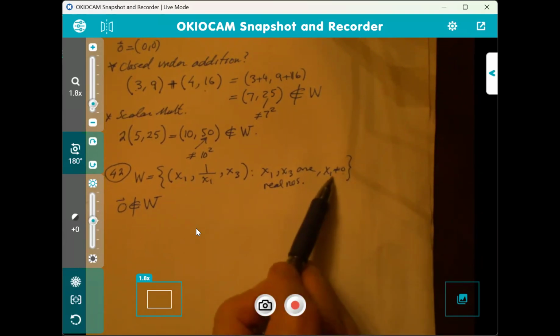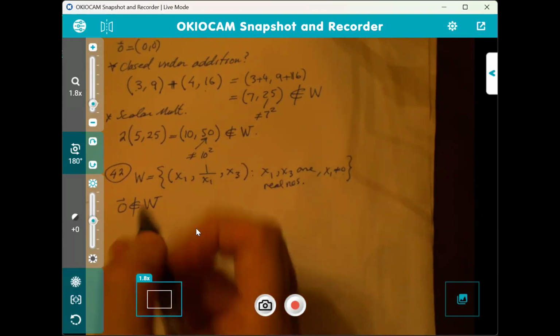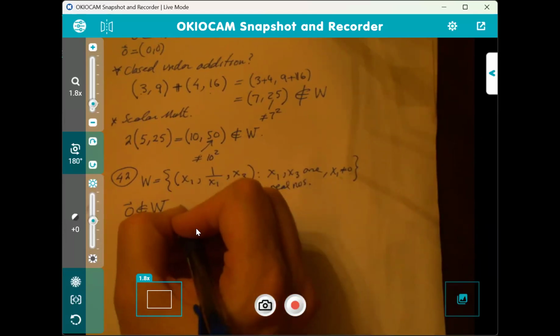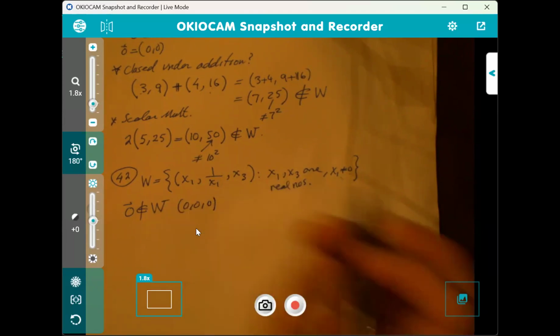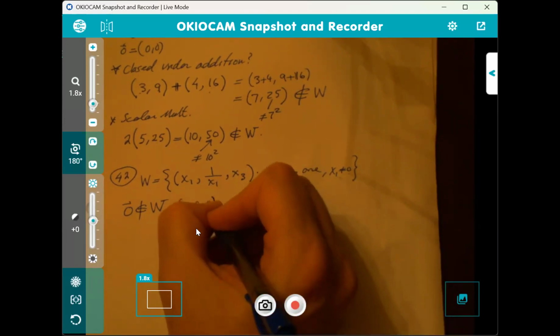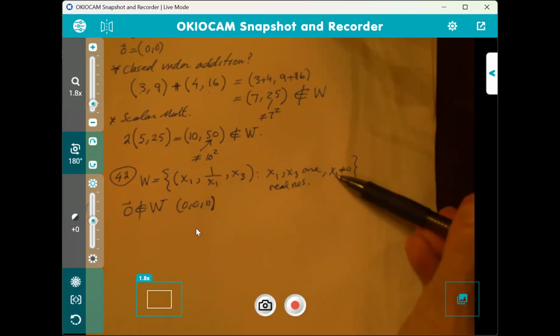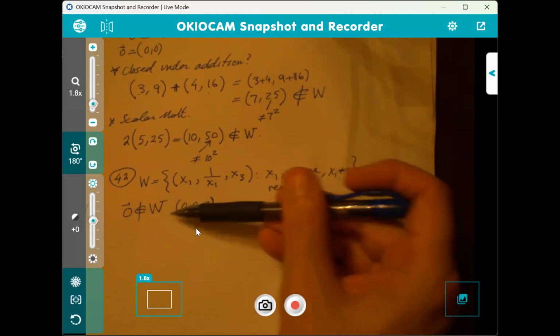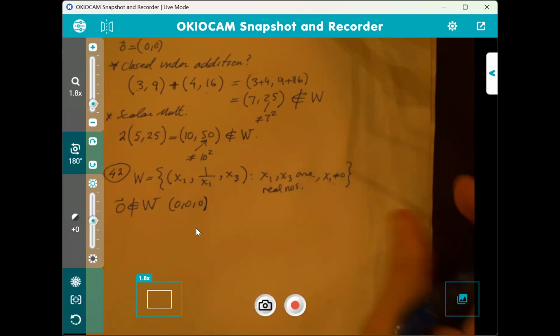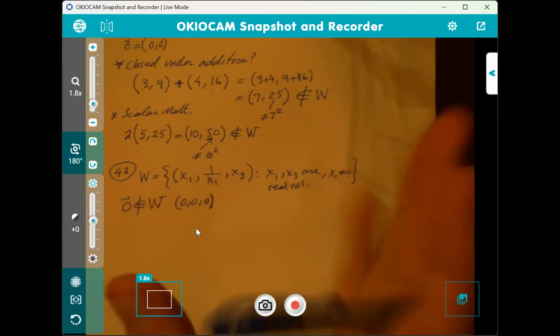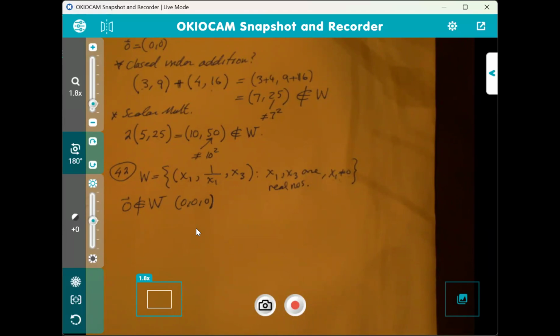We're told x1 may not be 0. Well, the 0 in R3 is the zero vector, right? And he told us x1 cannot be 0. So 0 is not there. That's enough to say that this is not a subspace.